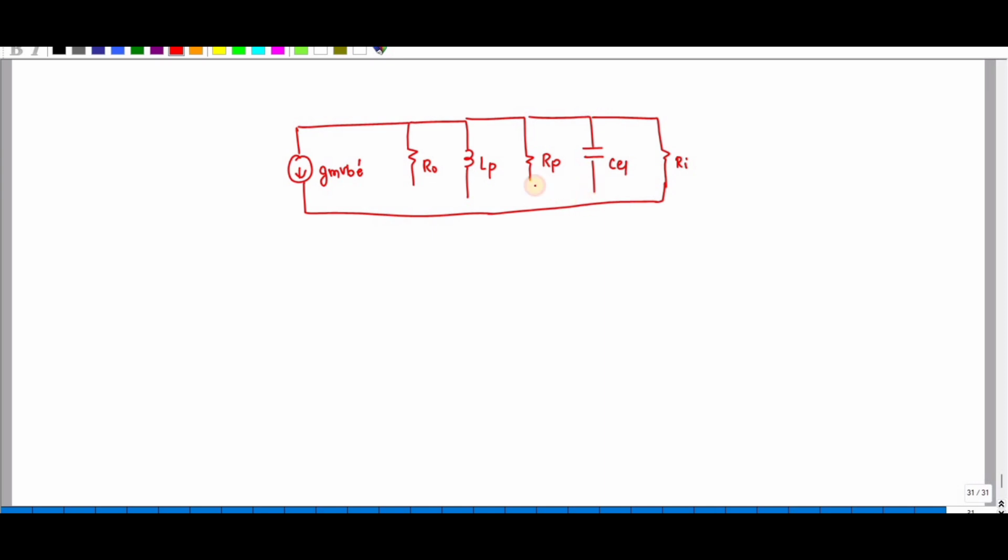Now this is at the output stage, so I can redraw it as GM VBE, LP, C equivalent followed by RT.